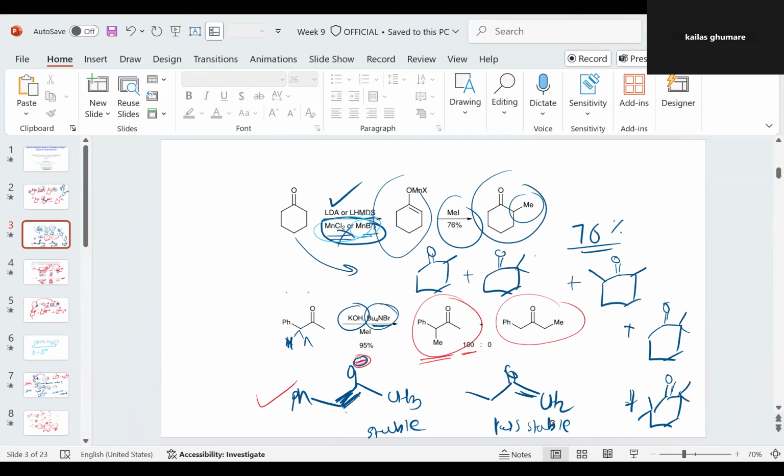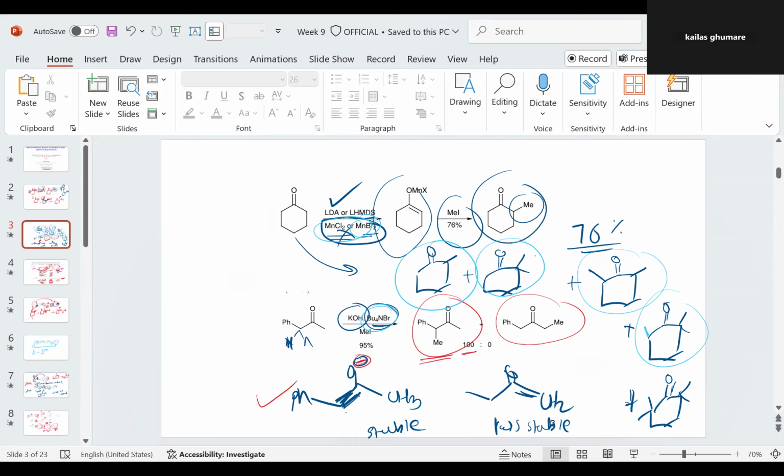So if you perform such a reaction, these many products are getting formed: monomethylation, dimethylation at the two different sites, and also the trimethylation and the tetramethylation. These many products are getting formed if you perform the reaction just by adding the base. Further, we can add the phase transfer catalyst that can help to get the thermodynamically stable product.